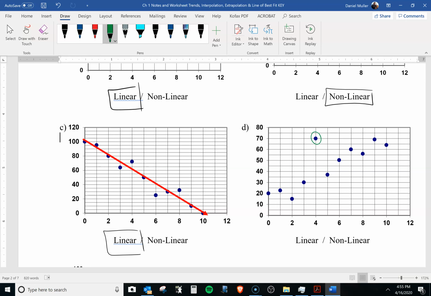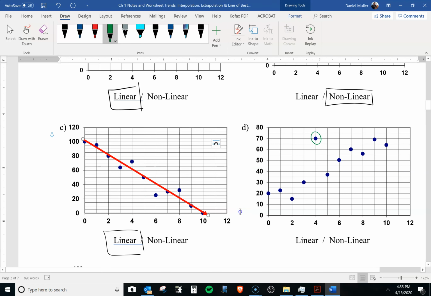And then the idea is we're now going to try and do a line of best fit as best we can. I'll try to start here, and then I will bring this up here, and I want to go to the end. And I want to count how many are above and how many are below. I got 1, 2, 3, 4 that are below, and 1, 2, 3 that are above.